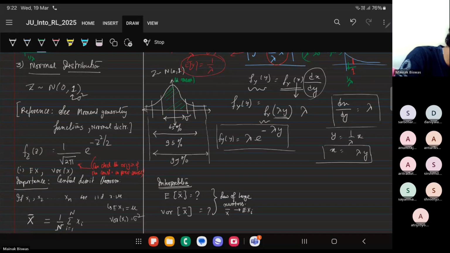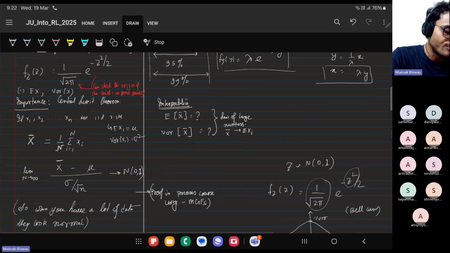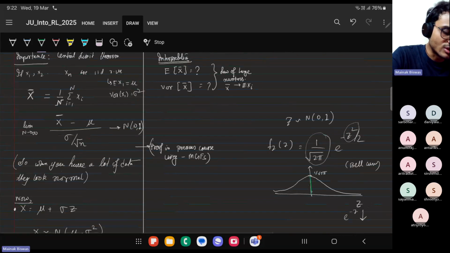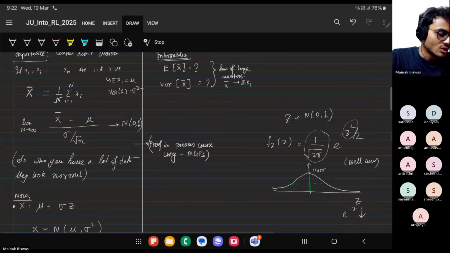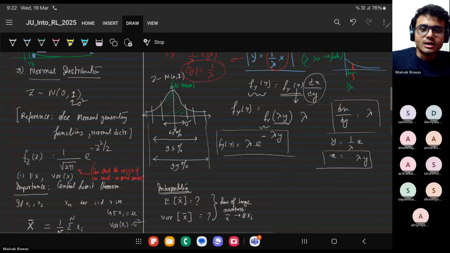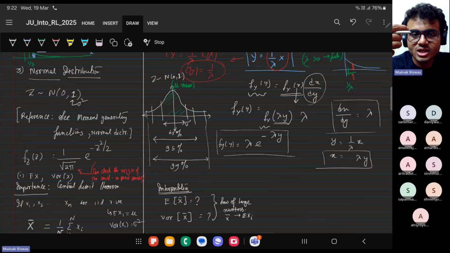So 0 is the mean, you can clearly see here, because it is symmetric on both sides. We'll prove it, but 0 is the mean. It says that within 1 standard deviation around the mean, 65% of the data is present. Within 2 standard deviations around the mean, 95% of the data is present.